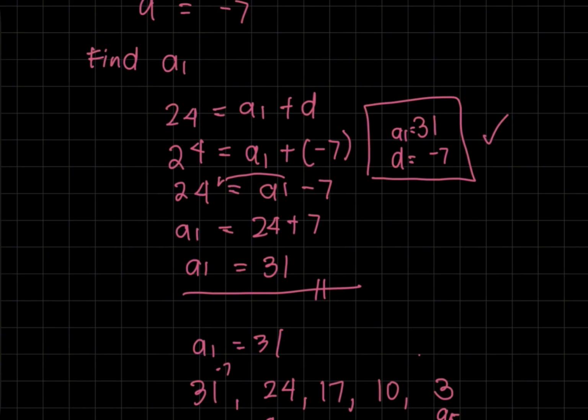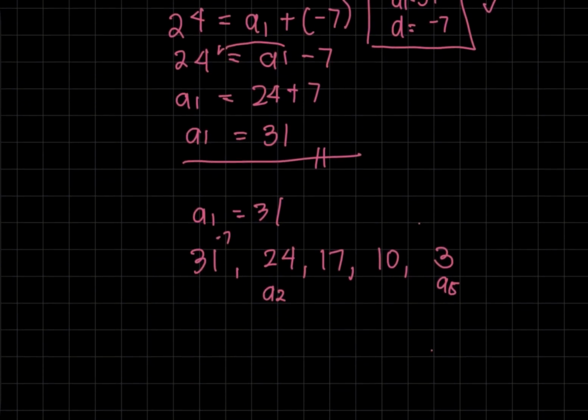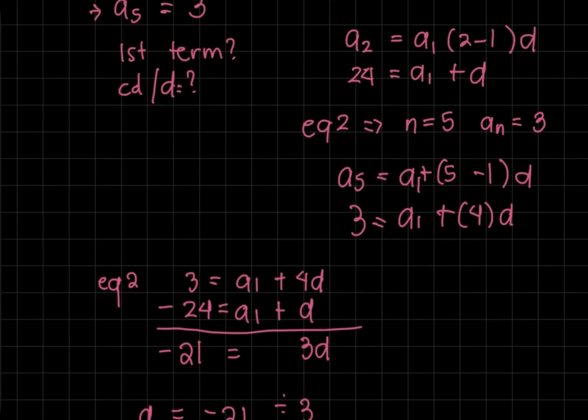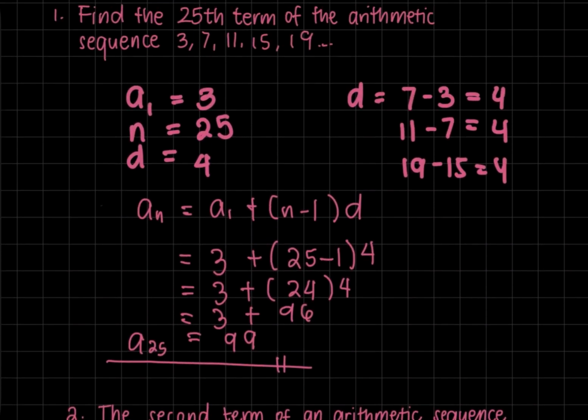And I think that's it. So let's recap what we did. In problem 1, we identified A sub 1, N, and D from the sequence. We plugged them into the formula, and then we got the 25th term, which is 99.